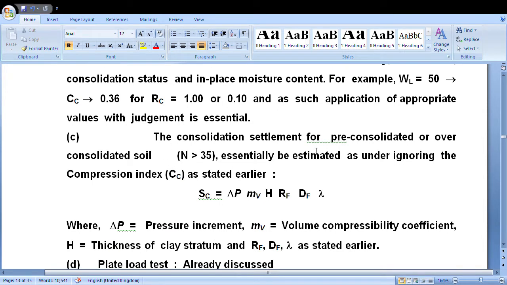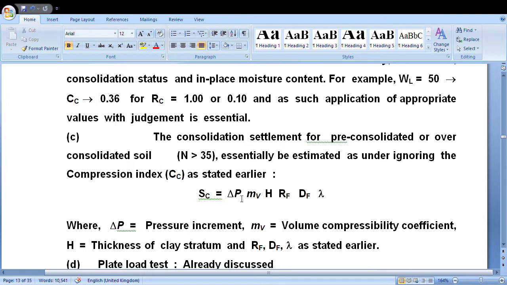For pre-consolidated soil, there is another provision for calculating settlement of pre-consolidated soil, that is soil having overconsolidation ratio more than 35. This equation is necessary.